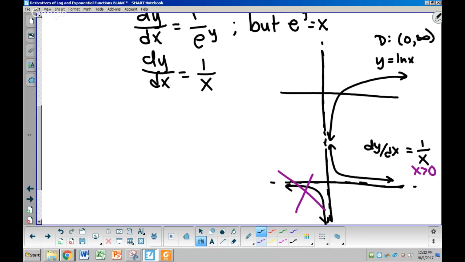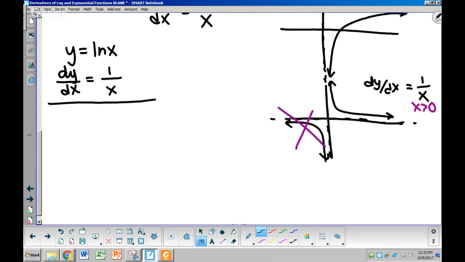Let's do a little summary chart. We say y equals natural log of x. We said dy/dx was 1 over x. But what happens if you have y equals the natural log of some function other than just x? What's the outside function here?